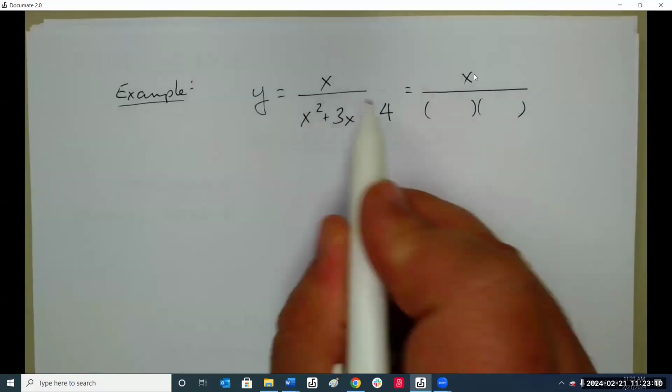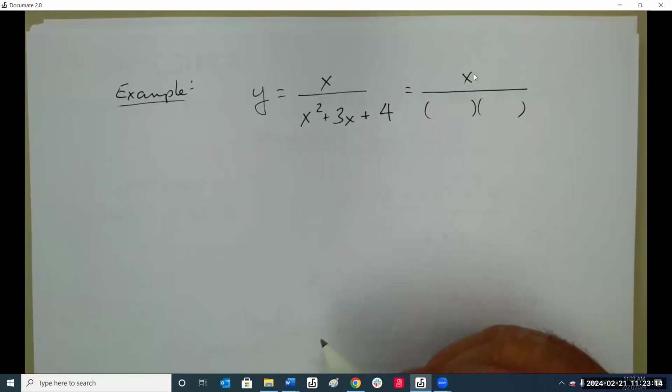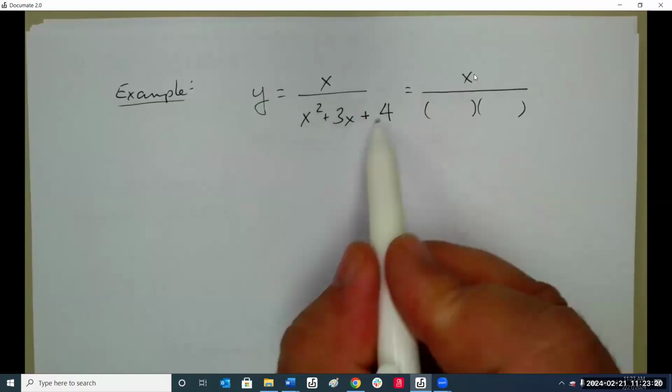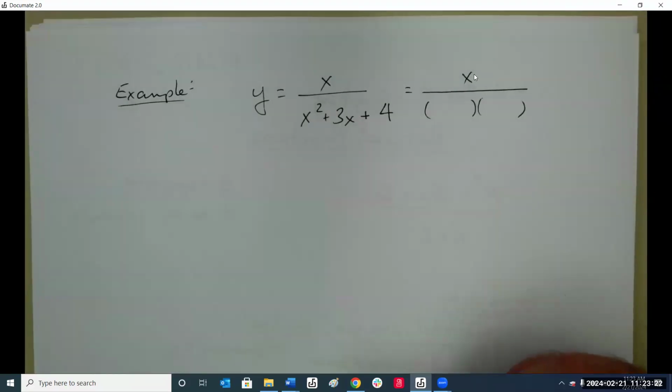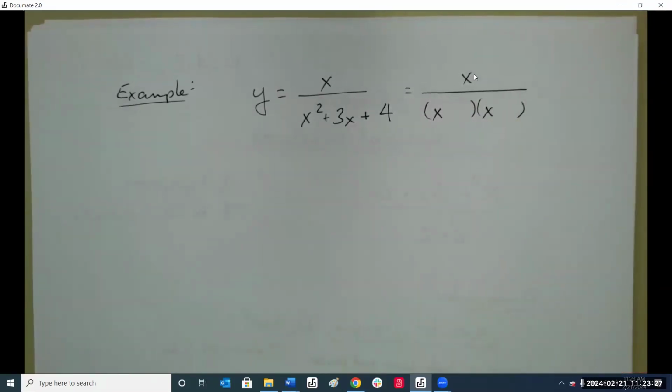In this case, we have a polynomial on the bottom. What can you not have on the bottom of a fraction? You cannot have a zero. So we have to solve this equation for zero. The way we do that, see if we can factor it first. If that doesn't work, you can always resort to the quadratic formula.